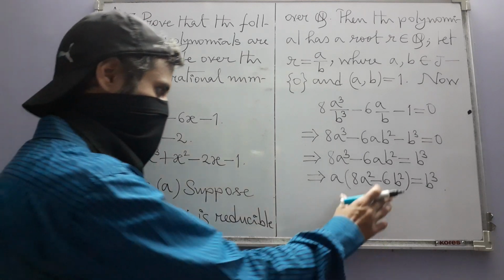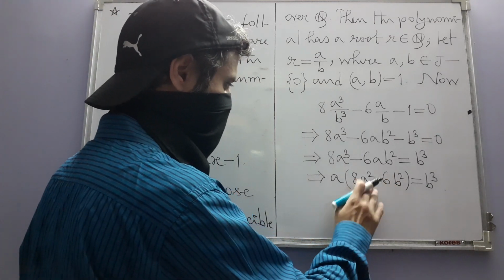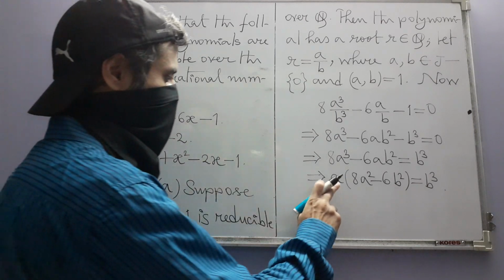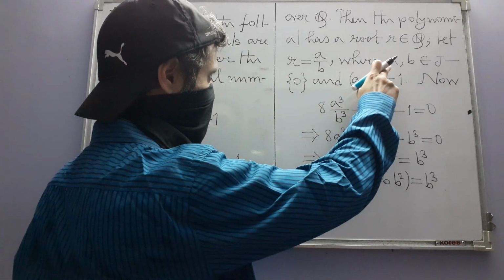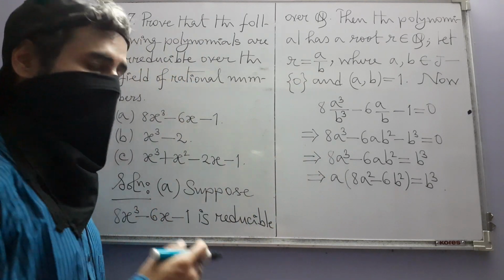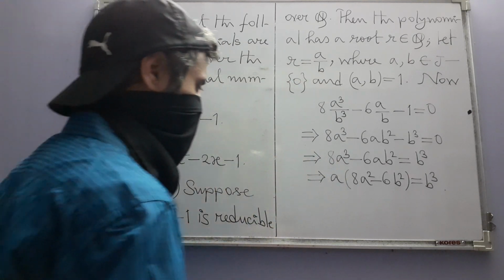Whatever this is, it's after all an integer, right? Because a and b are integers, and additionally a is non-zero. So this equation tells us that a divides b cube.